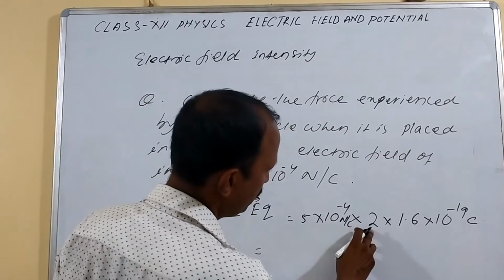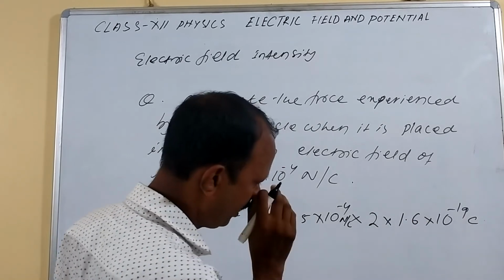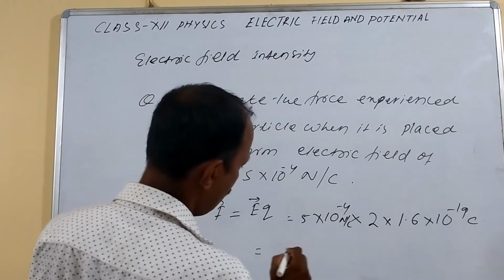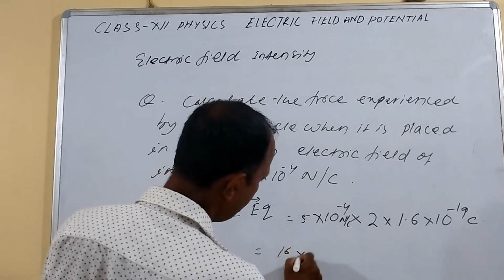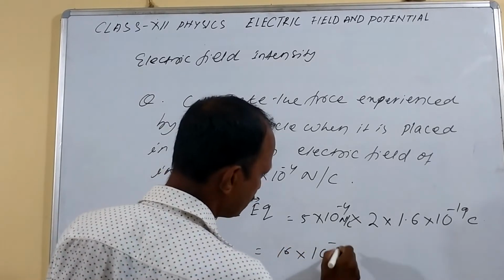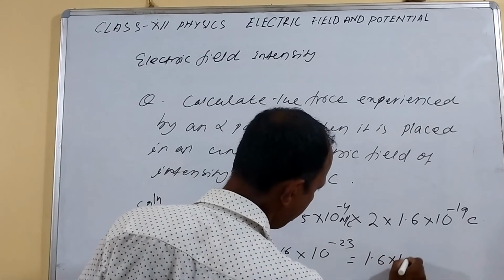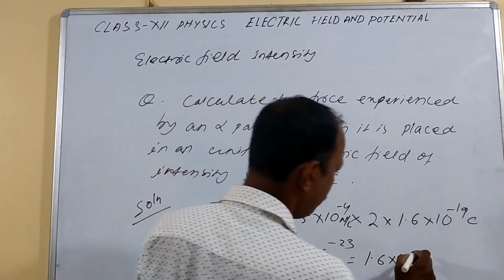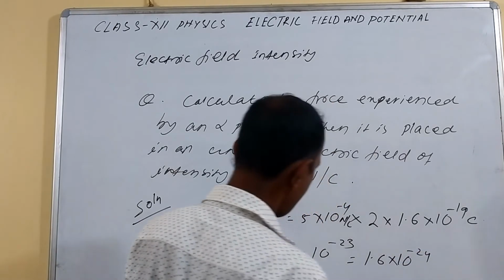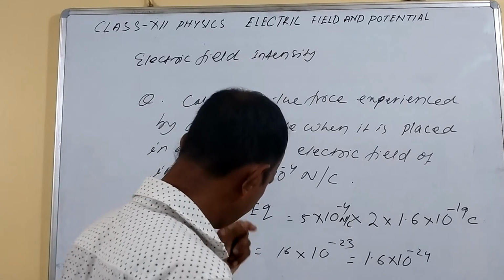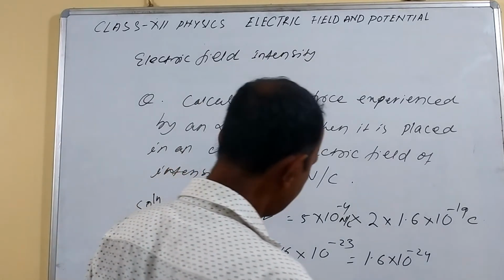So 5 into 10 is 50, 1.6 into 10 is 16. So 16 into 10 to the power minus 23, or you can write 1.6 into 10 to the power minus 22 Newton.